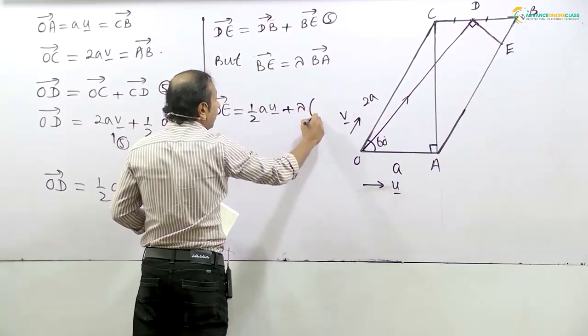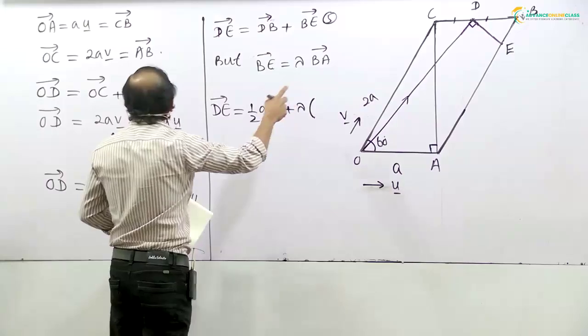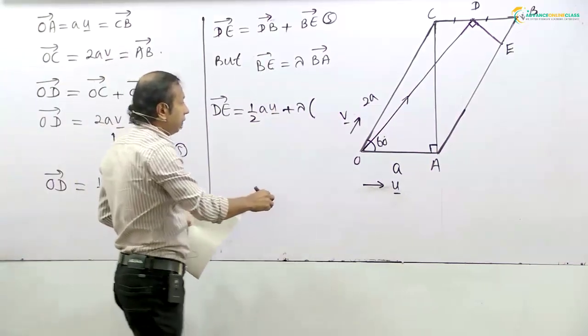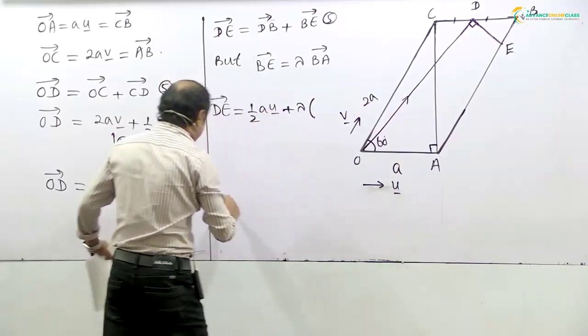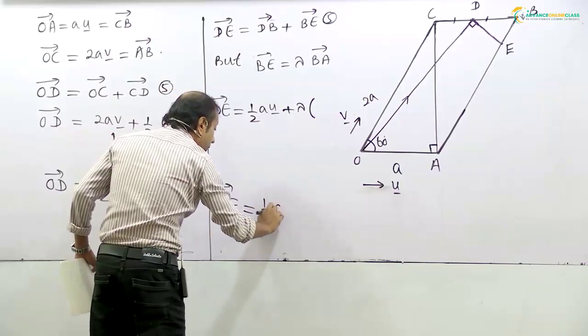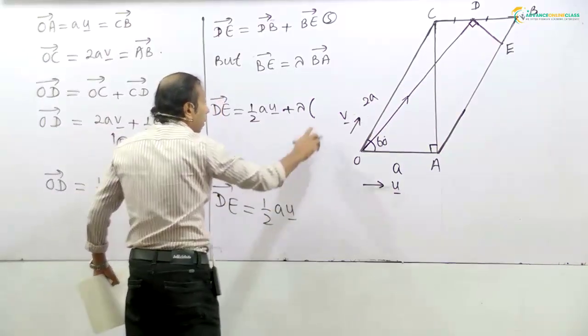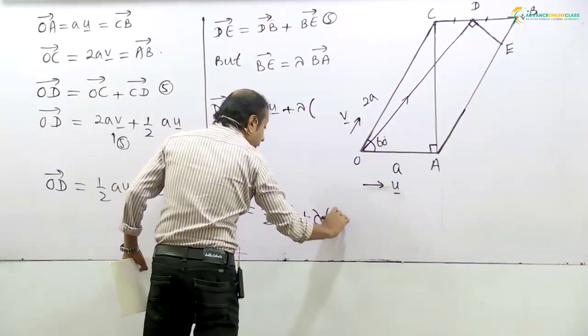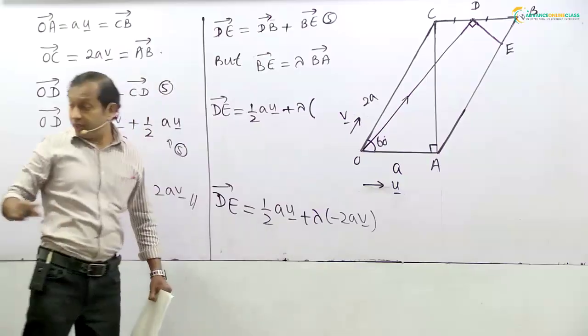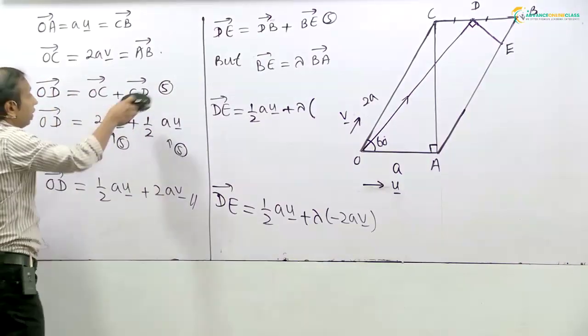Tell me what is BA? AB is this. BA is minus 2aV. Right, I write that here. DE vector is equal to half aU plus lambda times minus 2aV. Correct, no? AB vector is 2aV, BA is minus.